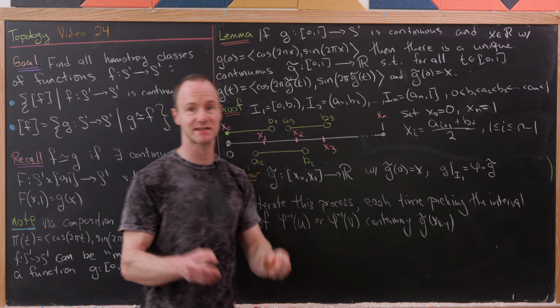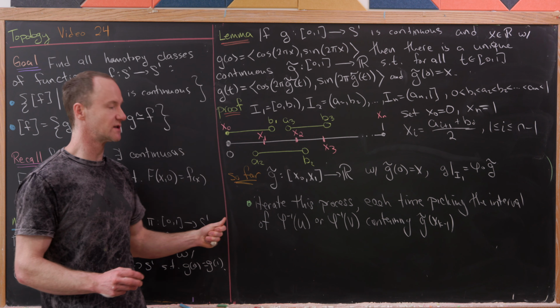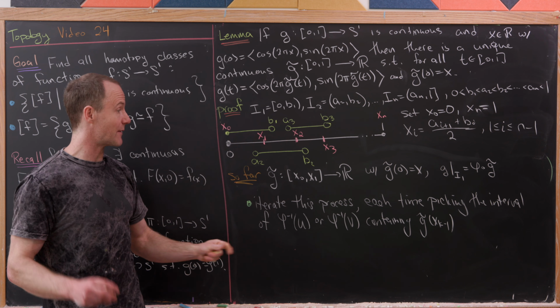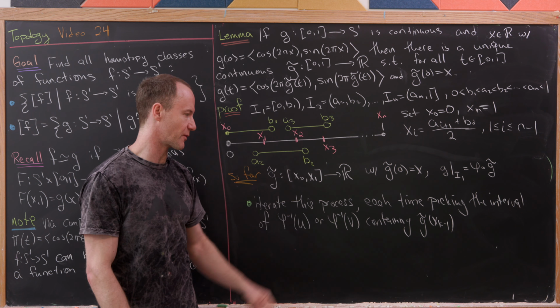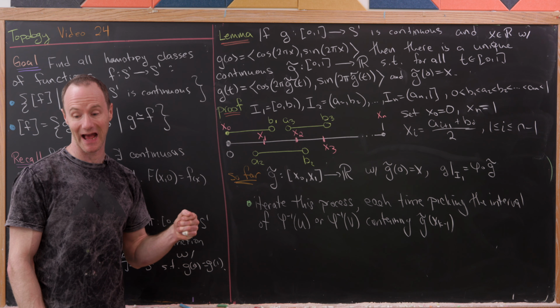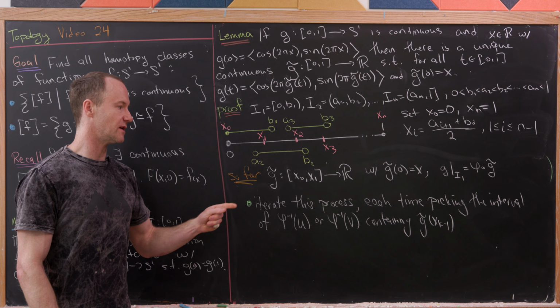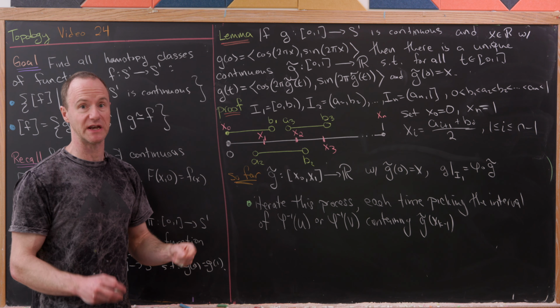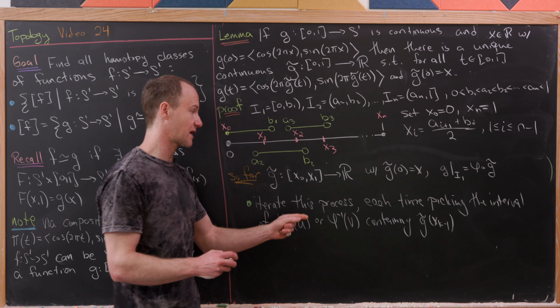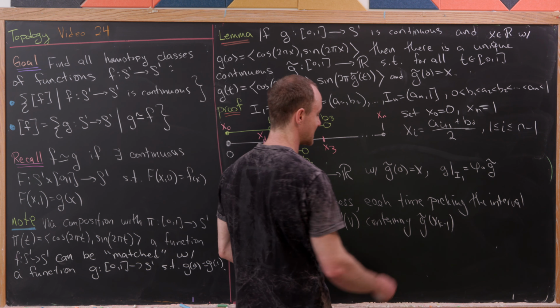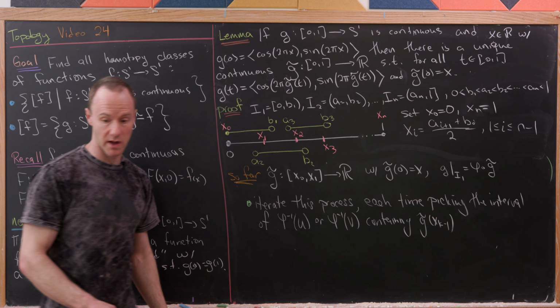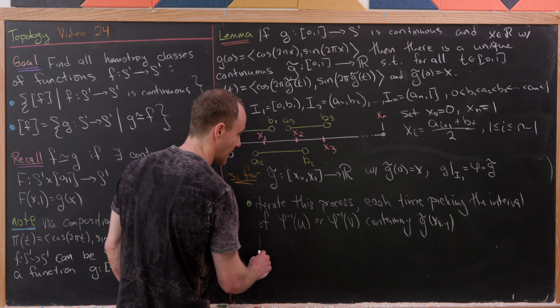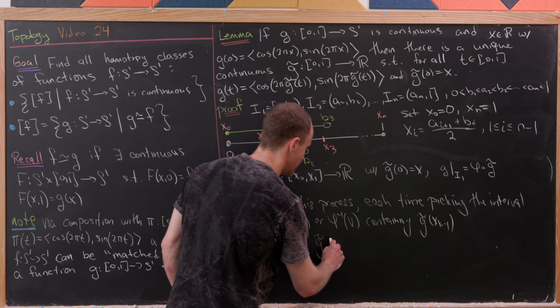That was equal to x. And our first choice in the first step through this was to pick the interval of the preimage of U or the preimage of V containing x. So if we do the same process, but each time pick the interval containing G tilde of x_{k-1}, that allows us to define G tilde on a new interval.